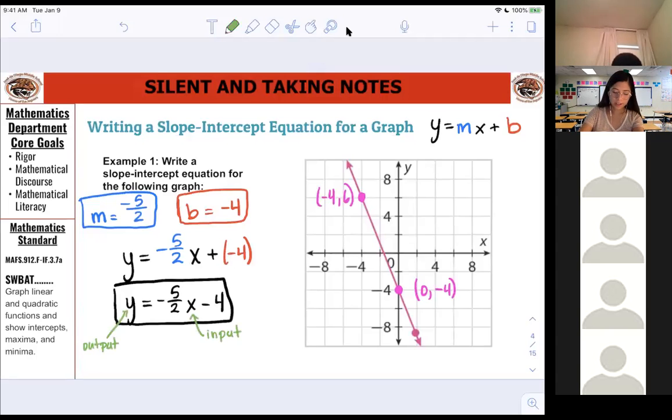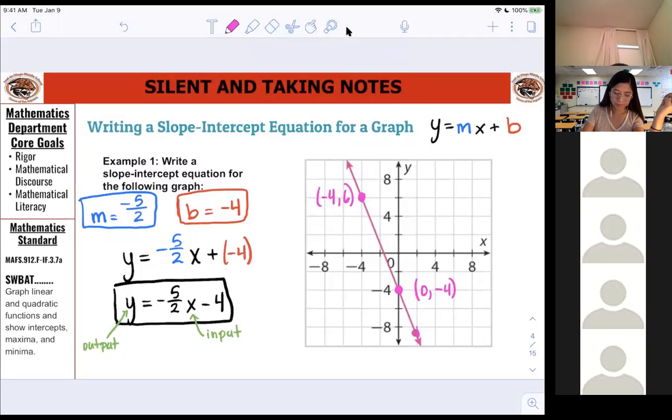So my equation can be used to figure out an input that I don't know about. Like I was trying to say, I want to know where the line is when x is -3. Or actually, let me use a better point. Let's do at 2. So I want to see where's the graph when x equals 2.